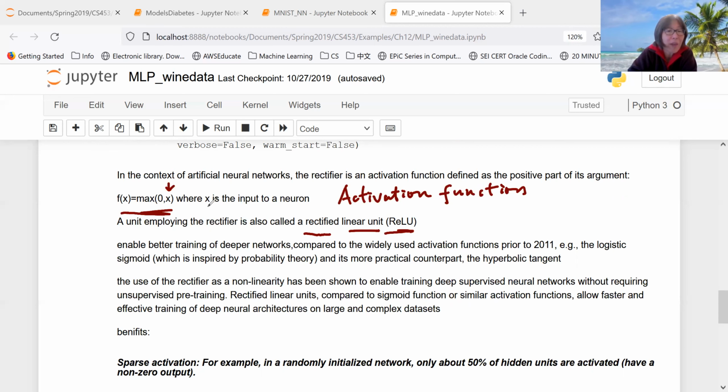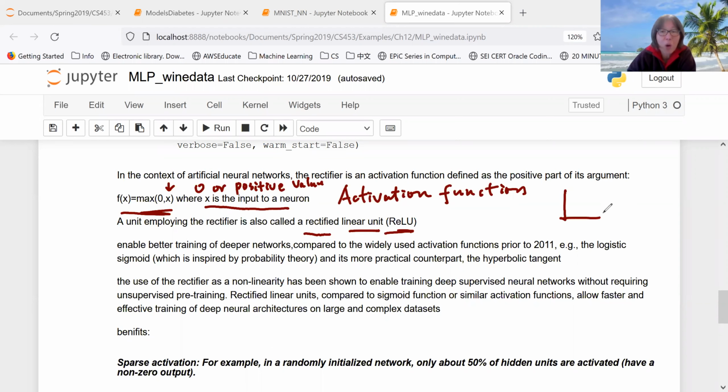Okay, so X is the input value to a neuron. So it just take between 0 and the input, pick the maximum one. So basically from this, we can know that it always pick either 0 or a positive value.